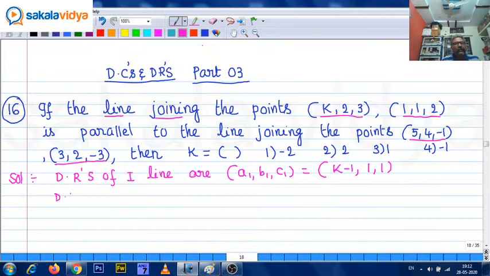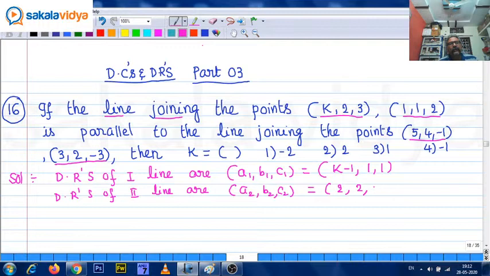Next, direction ratios of the second line are, say, a2 b2 c2 equals, see, 5 minus 3 is 2, 4 minus 2 is 2, minus 1 plus 3 is 2.